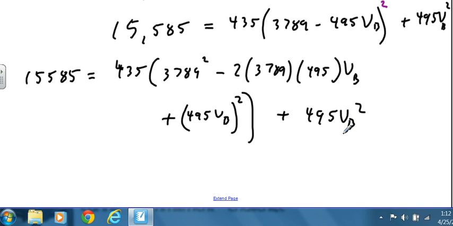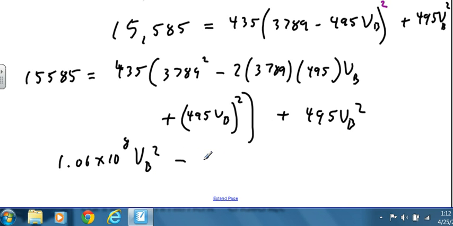Alright, so I've got 495 plus 495 squared times 435. Okay, so I got 1.06 times 10 to the 8th VB squared. This looks like a big minus number.